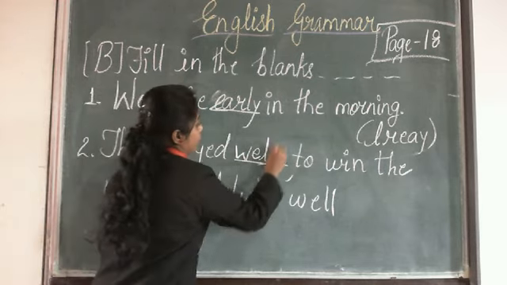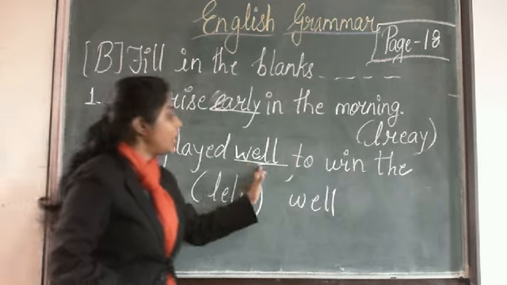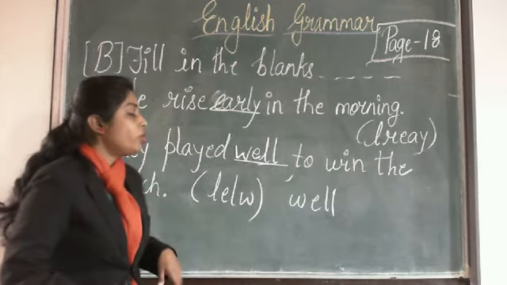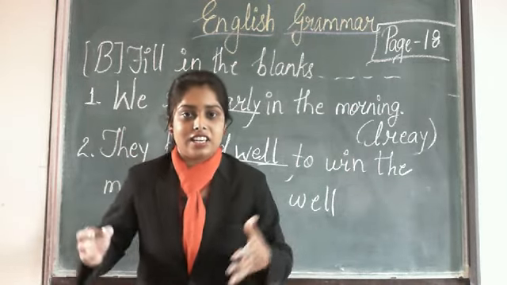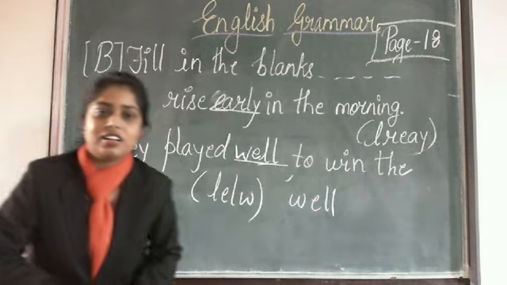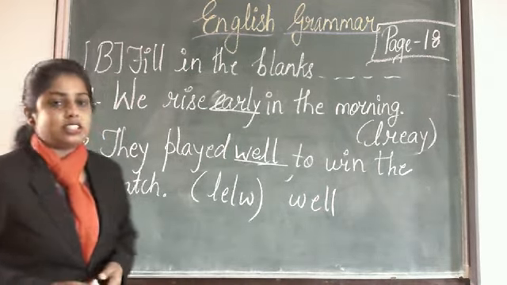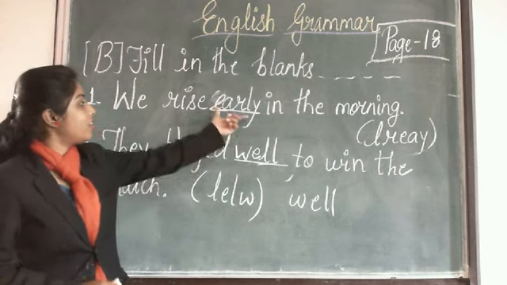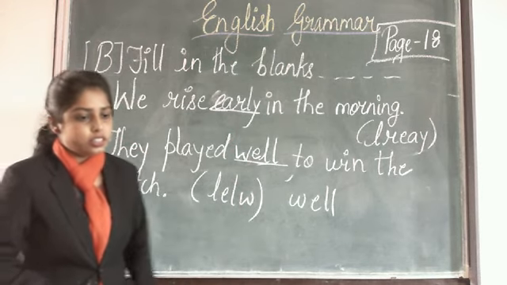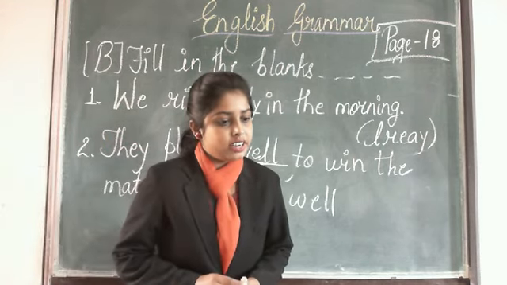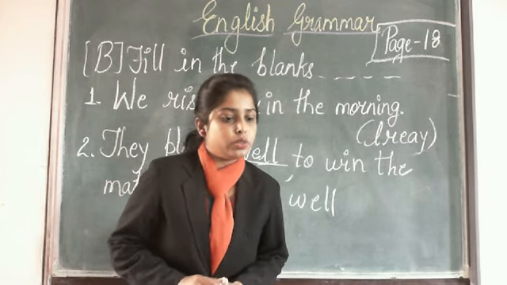So they played well to win the match. उन्होंने मैच जीतने के लिए अच्छा खेला, है ना? That's our second sentence. So please fill it up fast. Early and well. Then the third sentence is: he ran dash to catch the bus.